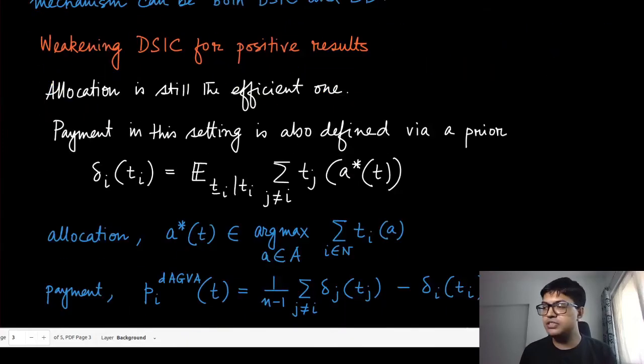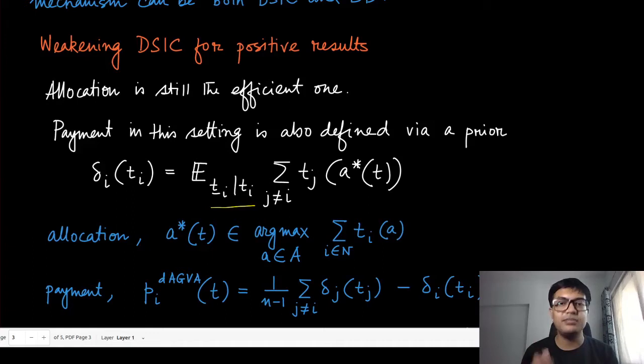So the allocation remains the efficient one, but for the payment in that setting, now that we have a prior distribution over all these types, we can take the expectation with respect to T minus i, given the agent knows its own Ti. So this is an ex interim expectation over this prior.